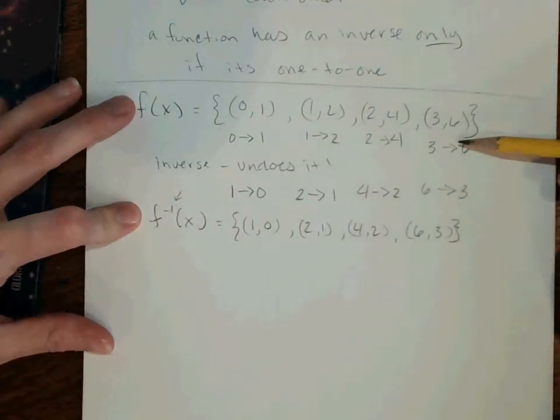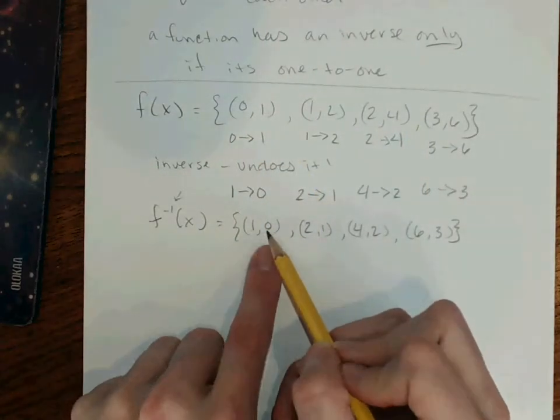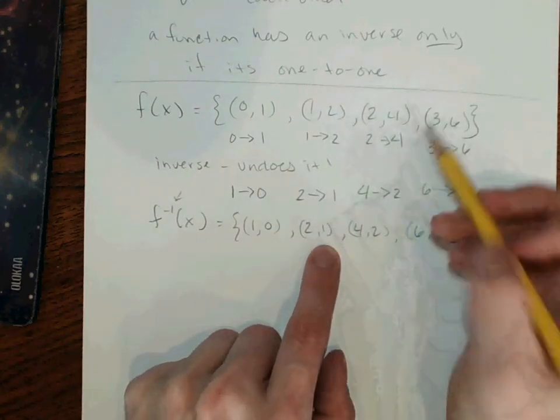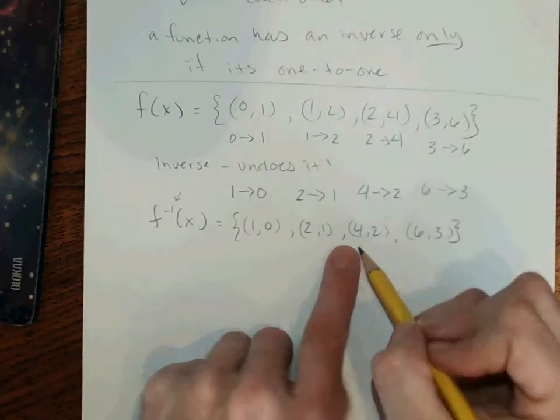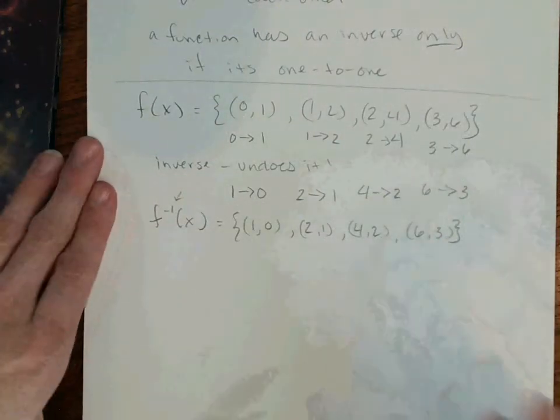If we want to see what the relationship is here, I had (0,1), now I have (1,0). I had (1,2), this one took 2 and put it back at 1. This one took 2 and put it at 4, this one takes 4 and puts it back at 2. It does the backwards.